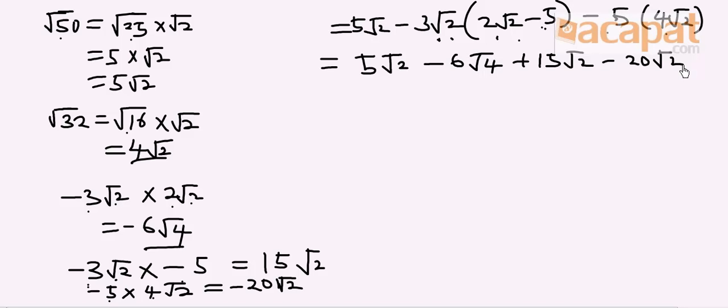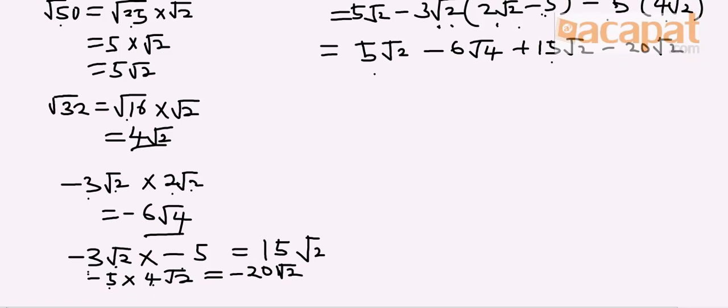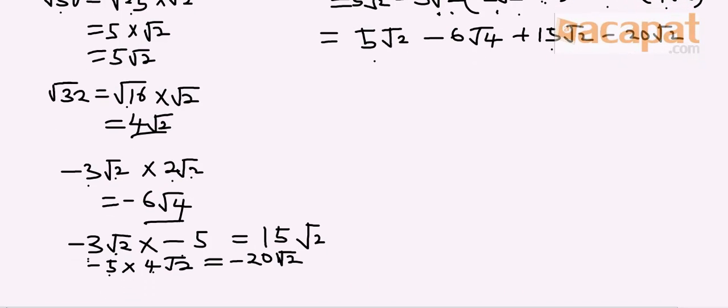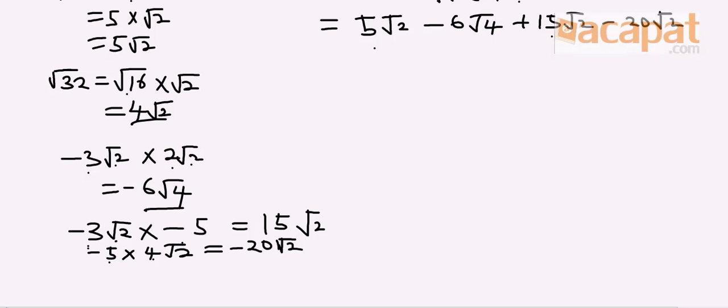So I see that 5 root 2 here plus 15 root 2 will be equal to, we have root 2 common to both sides, can bring out root 2.